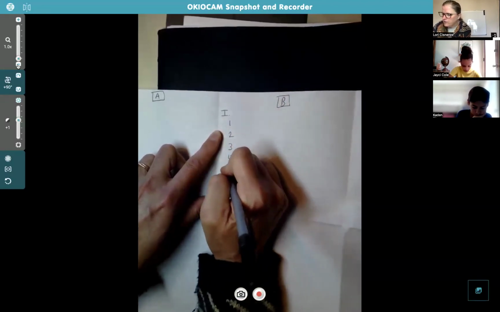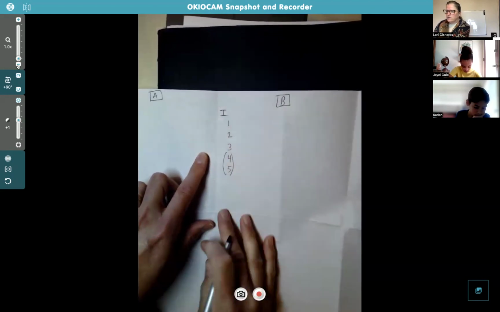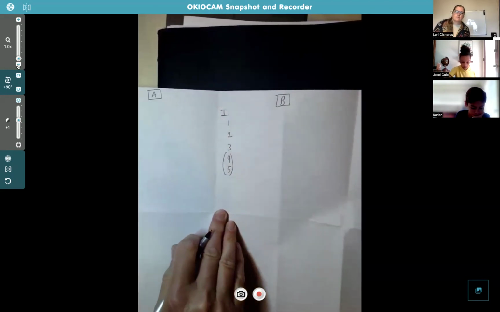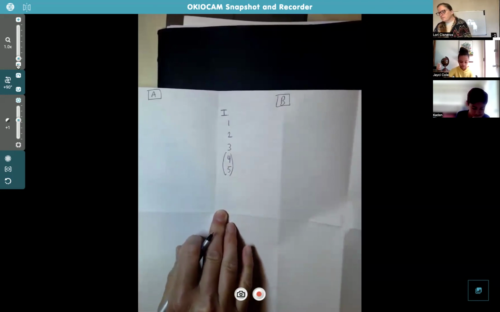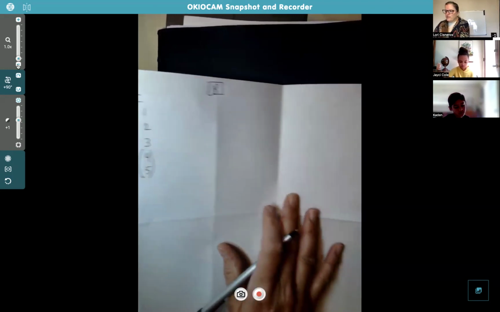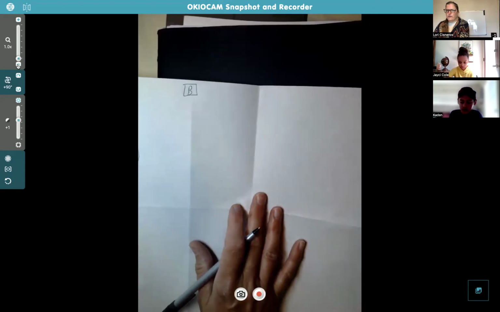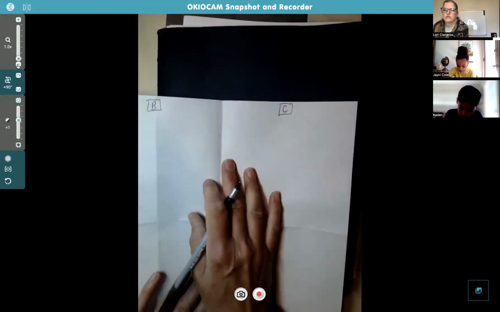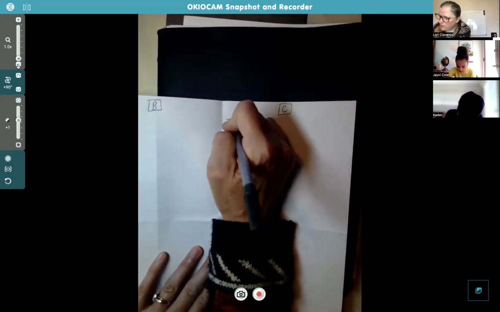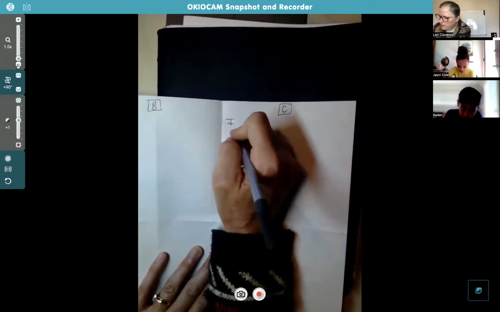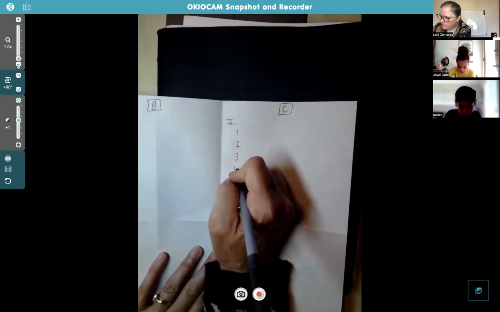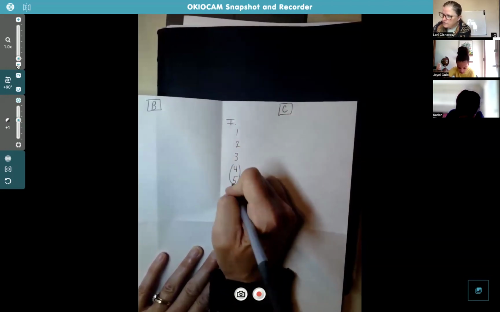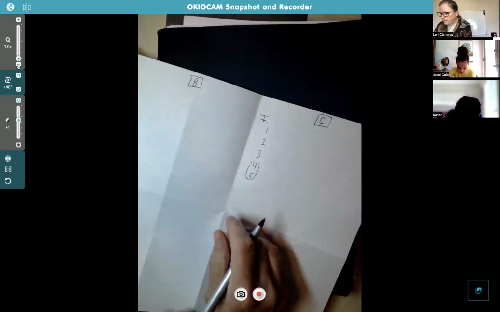Make sure you spread them out a little bit so you have room to write. Okay, one more on the top. The next one over here is going to be C with a box. And the same thing, Roman numeral 1, and then 1 through 5. Parentheses around the 4 and the 5.